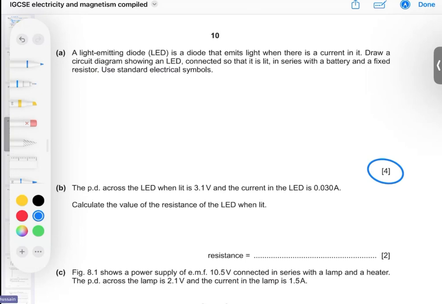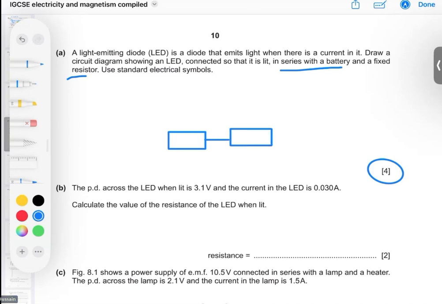LED is a diode, you need an LED. It's connected in series and fixed resistor. So this is a fixed resistor. To this, there's an LED connected, which is a light emitting diode.